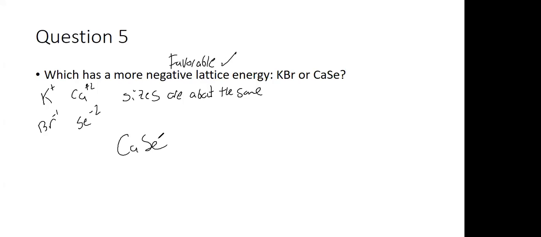Well, that would be CaSe, because even if you look at the sizes, they're relatively the same, but Ca and Se have bigger charges. And so CaSe is about 4 times more negative than KBr would be. So it's very hard to break apart a CaSe crystal, which means in terms of energy it has a more negative crystal lattice.